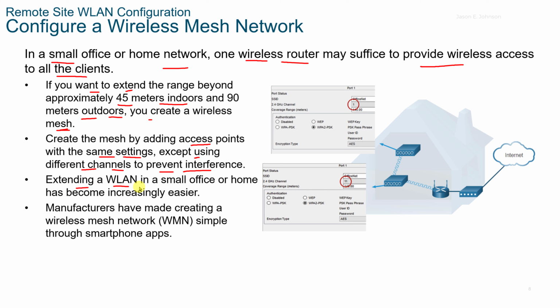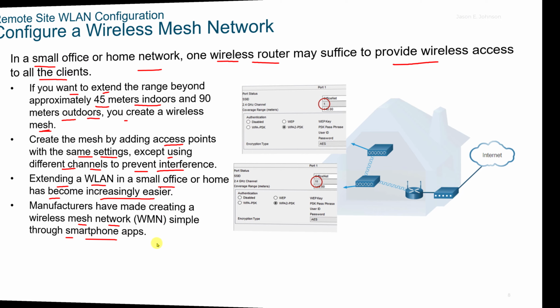So you can extend a wireless LAN in a small office or home office, and it's become a lot easier. You can buy mesh network devices, so you just set up one device, and then you have the extenders that you put in other locations that extend out the mesh. Manufacturers have created wireless mesh networks simple through smartphone apps as well.